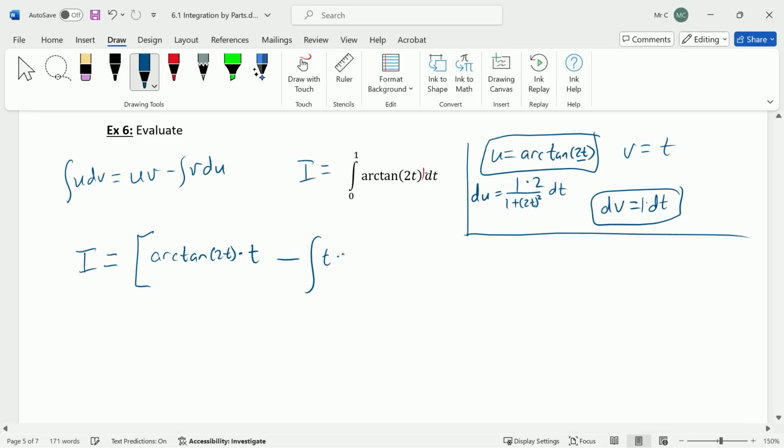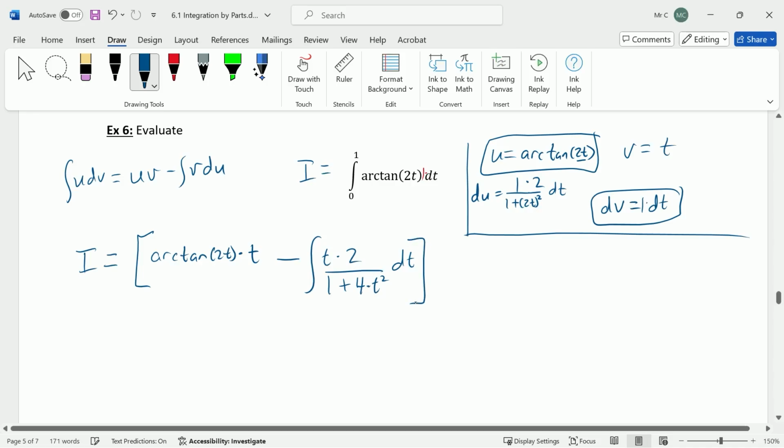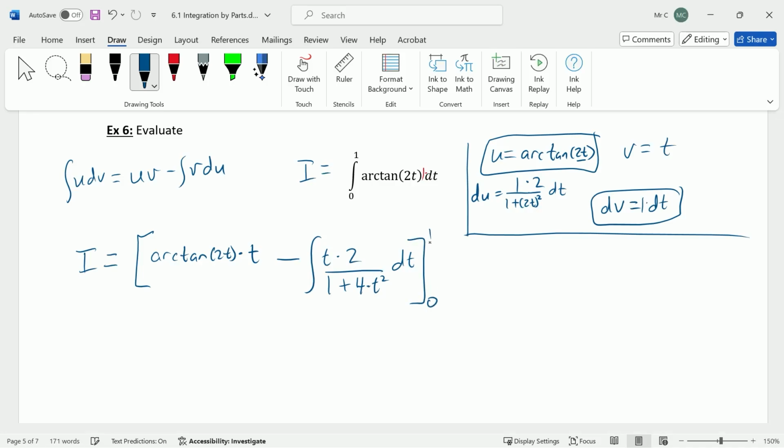That's t times 2 over 1 plus, and instead of writing 2t squared, I'm going to write this as 2t times 2t is 4t squared. 4 times t squared, right? So this is 2t all squared. Now I'm squaring it, making 2 squared is 4, t squared is t squared, and dt. And this thing needs to be evaluated from 0 to 1.